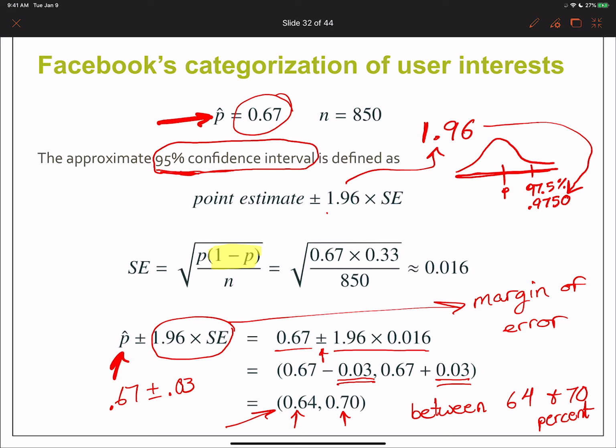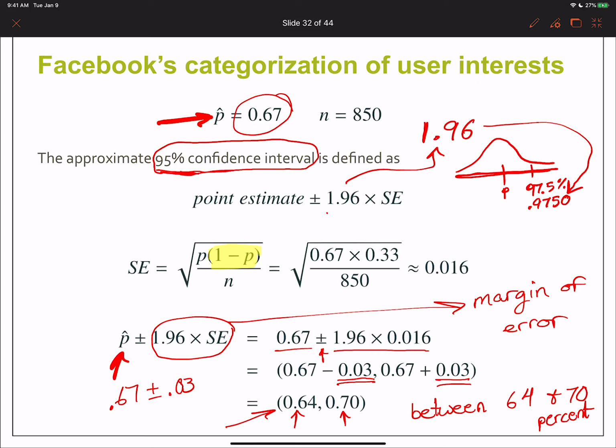Now, another note that I want to make sure is clear. I want you to make a distinction between the standard error and the margin of error. So the standard error is that thing there, the square root of p times 1 minus p divided by n.